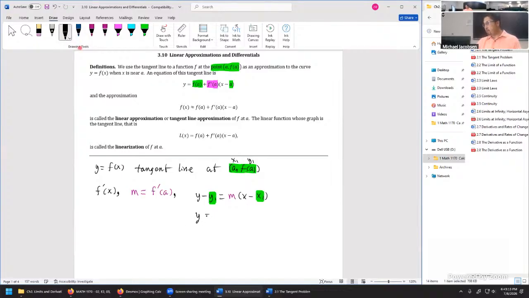So we can rewrite this as y equals y1 plus the slope m times x minus x1. Then finally substitute in all of our values, and it looks like this line. y equals, in place of y1, that's really just an f of a, plus the slope m.